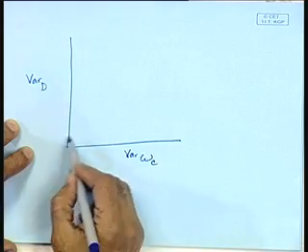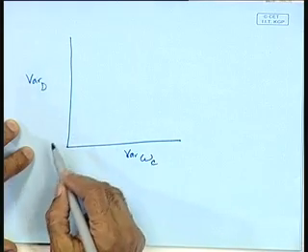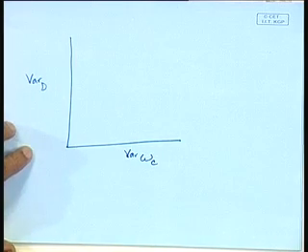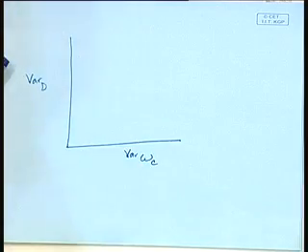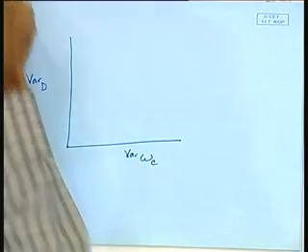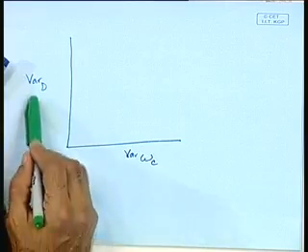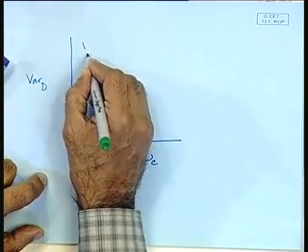So the good place to be is here. That's where you'll get the most robust design. But in actual fact, because we've got only R3 to play with, if you change R3, you get different combinations of variance of omega c and variance of D. Now these can be found using this multi-objective GA.